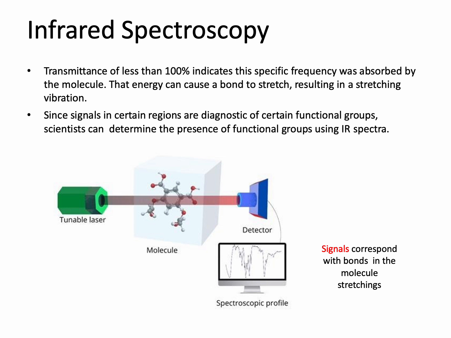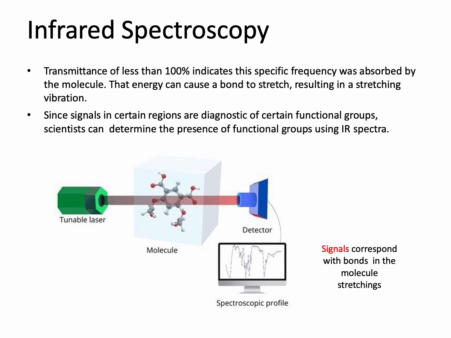Now, how it works: a transmittance of less than 100% indicates this specific frequency was absorbed by the molecule. And don't forget that each bond has a different frequency of absorption. That energy can cause a bond to stretch, resulting in a stretching vibration.